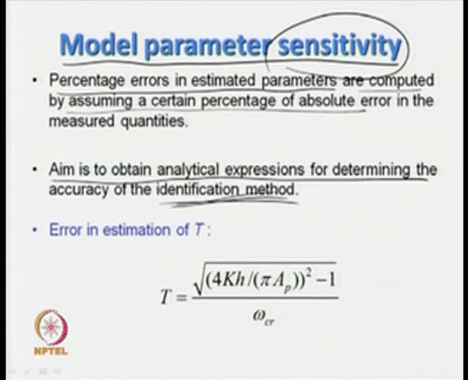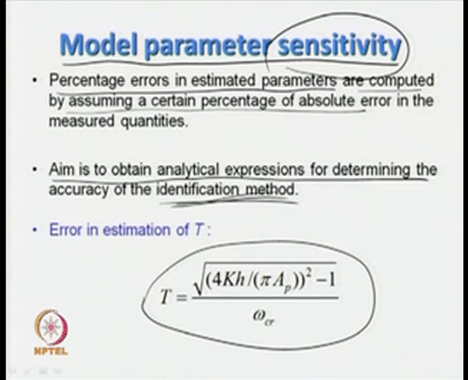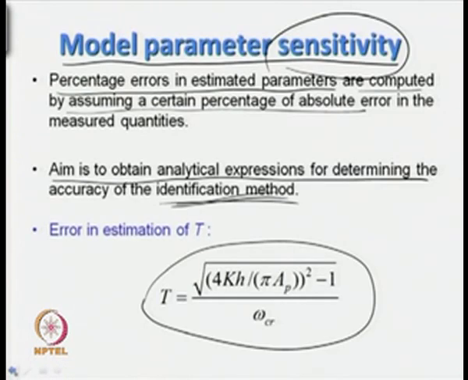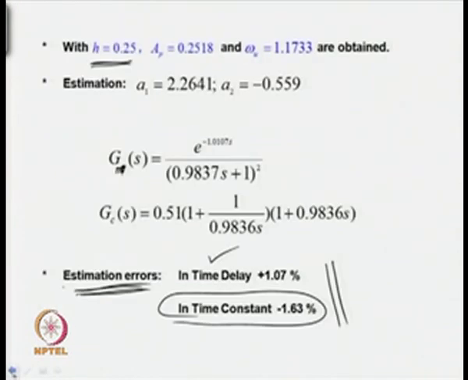Now, I will use the simplest expression we can have for the time constant, which is given by t is equal to square root of (4 k h upon pi a p) whole square minus 1, divided by omega CR. Where are you getting this expression for t from? Basically, you can find the expression for t from the earlier expressions I have already given at the beginning.